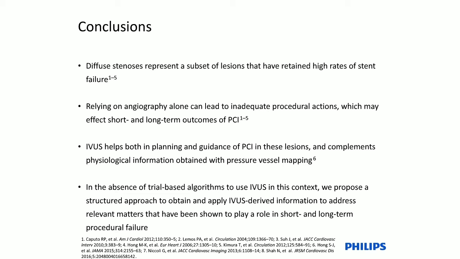Once you start using IVUS in this situation, it really will help you to benchmark your interventions, and will help you to perform a better planning and guidance of PCI in these long stenoses, particularly when you complement it with physiological information, often with pressure vessel mapping.